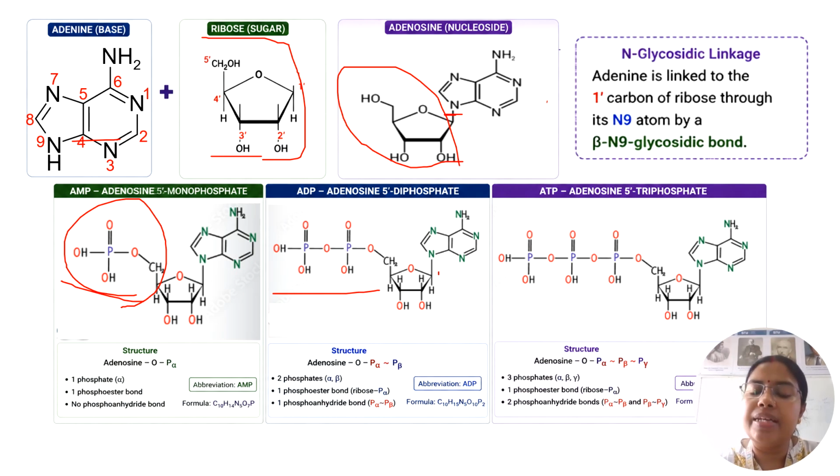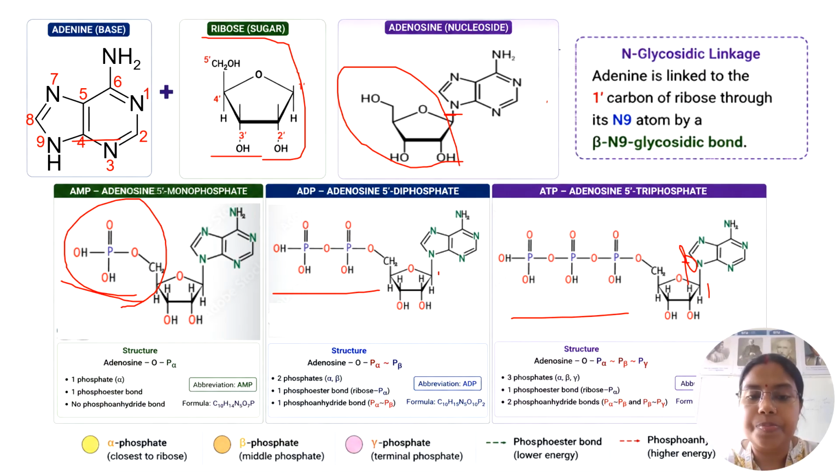And for adenosine triphosphate also, the C5 position is attached with three phosphate groups, and the C1 position is attached with the N9 position of the purine. The phosphate that is very close is known as the alpha phosphate. This phosphate is known as the beta phosphate, and if three phosphate groups are present, then this first one is alpha, this one is beta, and this one is known as the gamma phosphate.